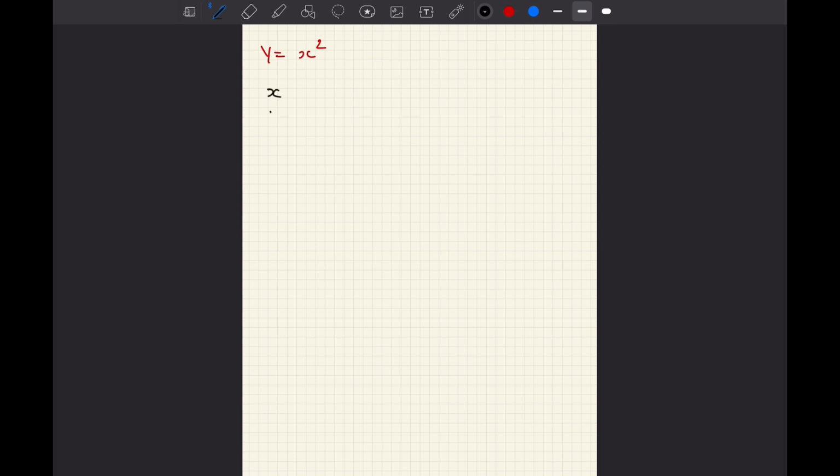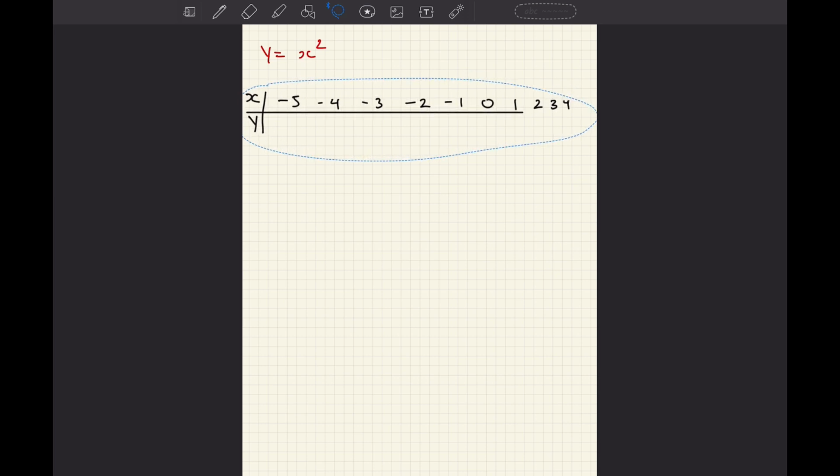We write x, y, like that, and then we go -5, -4, -3, -2, -1, 0, 1, 2, 3, 4. So you'll see why I'm doing such a large sample very soon. But the reason is because this is a quadratic.